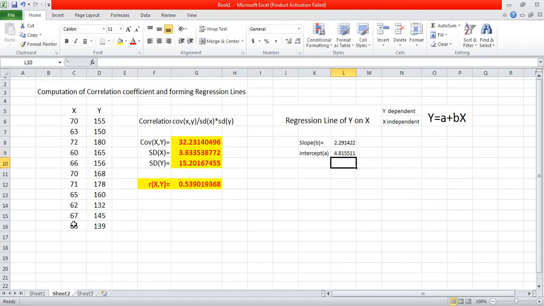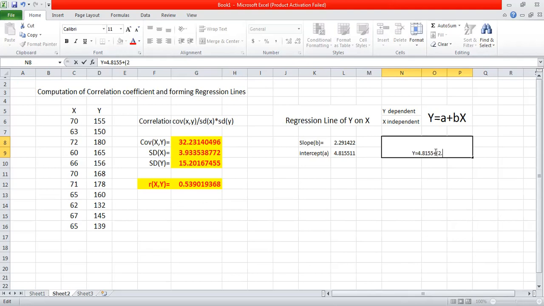After getting the intercept, what is the equation now for the regression line of y on x? Y equals a plus bx. What is the a value? This a value is 4.8155. A plus b into x. What is the b value we got?